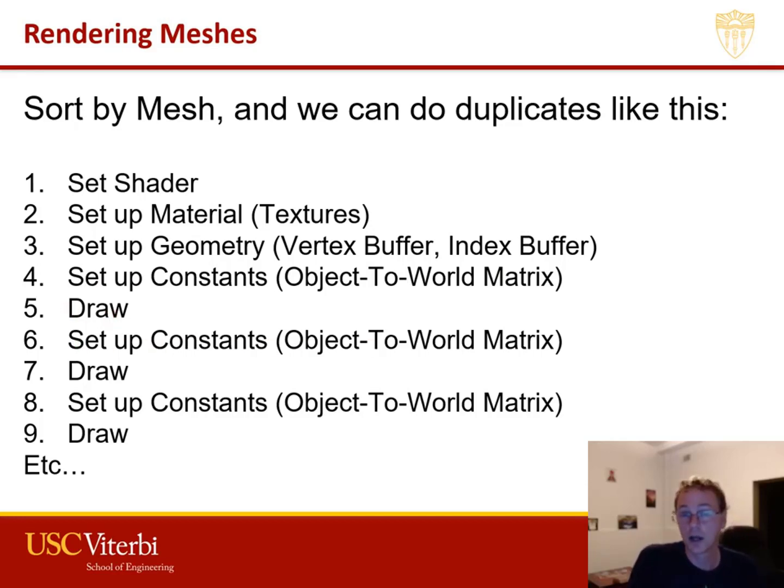Set the new constant matrix, do another draw, set the new constant matrix, do another draw, etc., etc. We can go through our whole forest this way. And here, you'll notice we only sent the vertex buffer once, and we only sent the texture once. Hopefully, that'll save us some time, make the thing go a little bit faster.